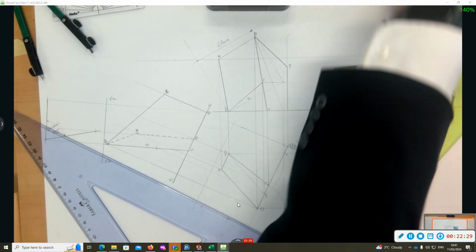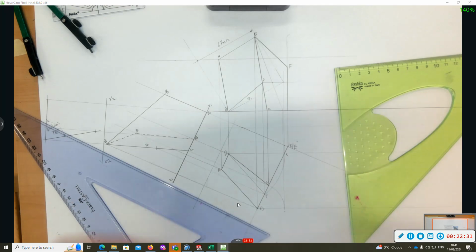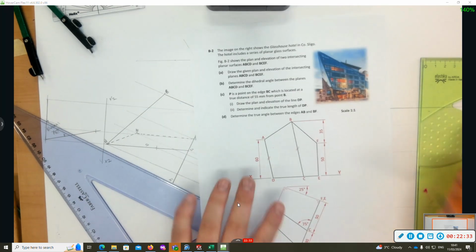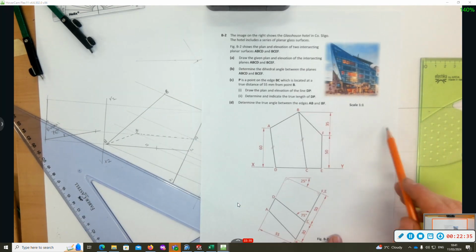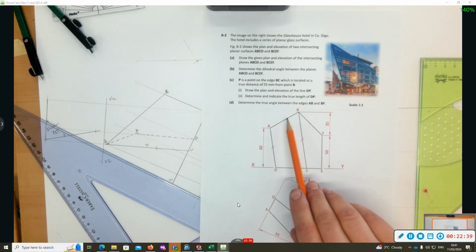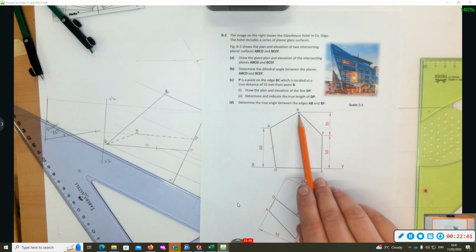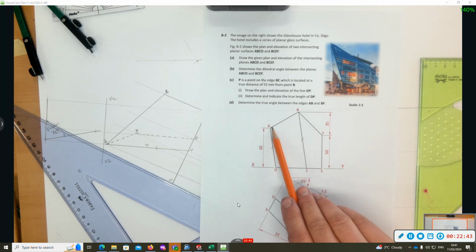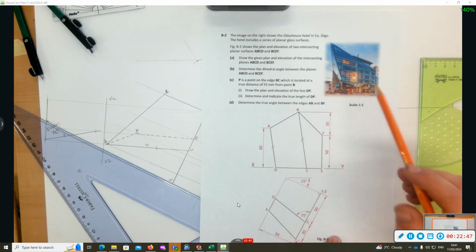Determine the true angle between edges AB and BF. The only way you can see the true angle between two lines is to see them both as true lengths at the same time. And the surface they rest on, you want to see as a true shape as well.